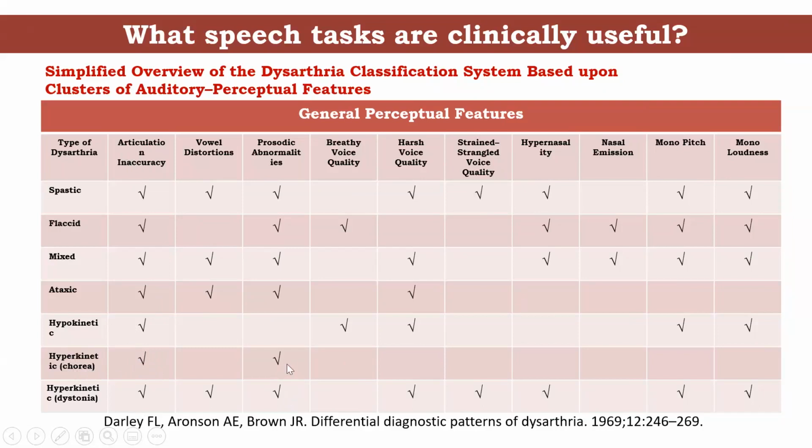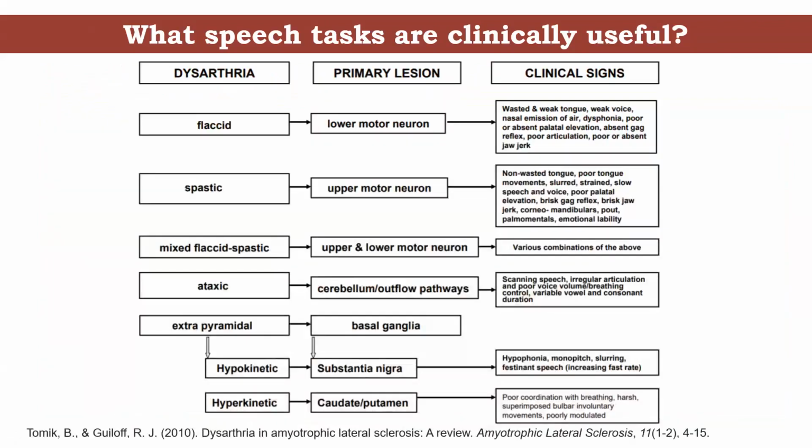It means that when I ask somebody to control their prosody, meaning pitch, suppose I say la la la la, you have to have a certain control of articulation and pitch. It's a coordination between the two, and they have very poor coordination. So that's called hyperkinetic type of dysarthria, when they have this kind of components. Specific speech tasks cater to specific kinds of features, as you see on the columns.